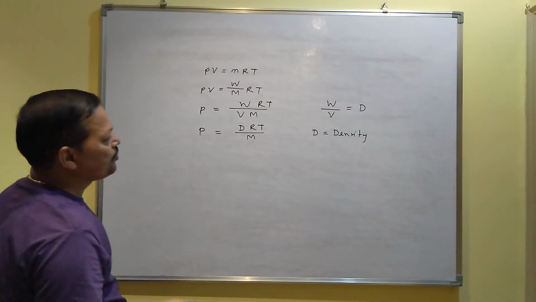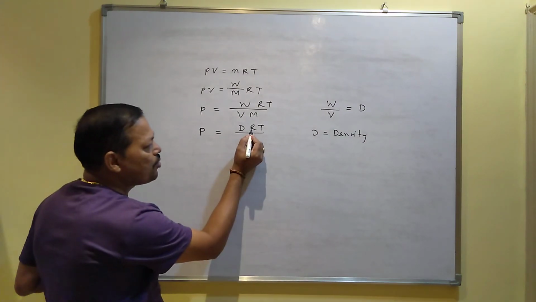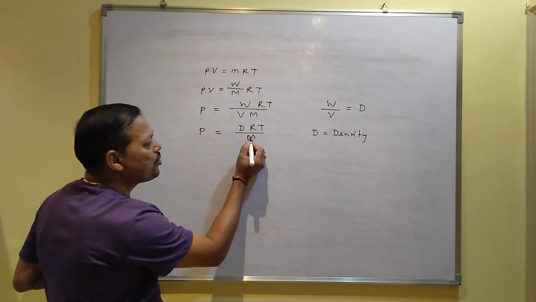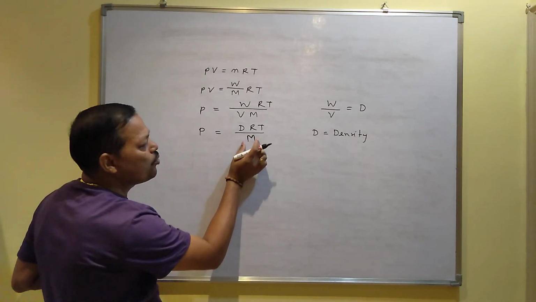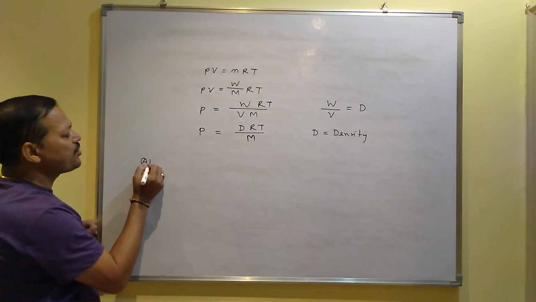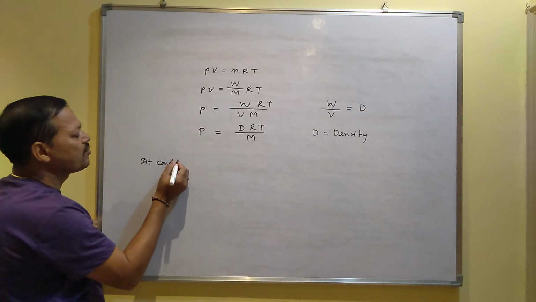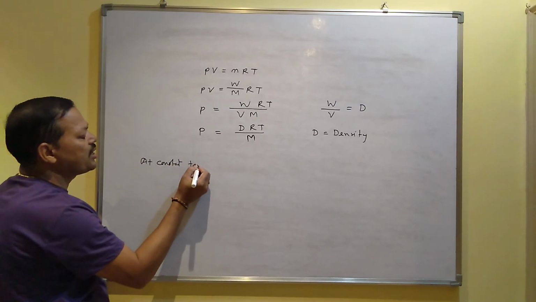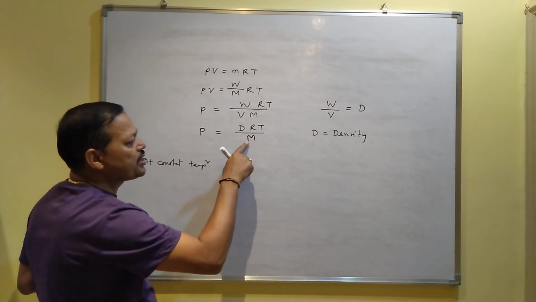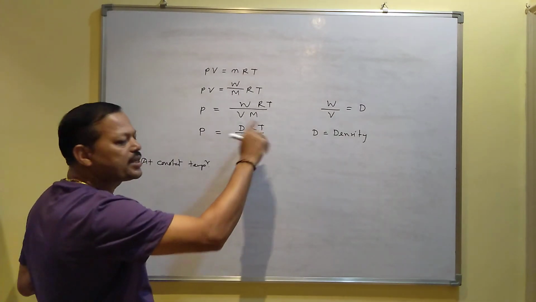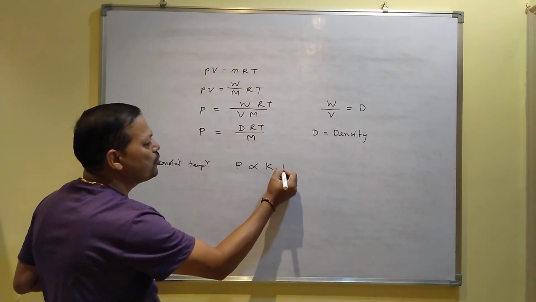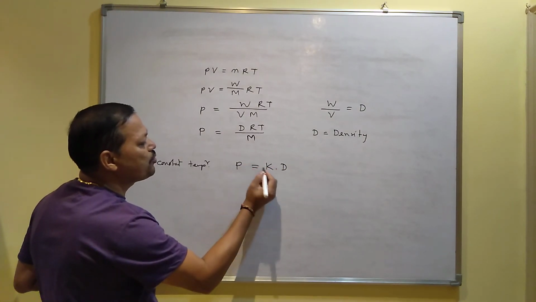Now you know R is constant, which is called universal gas constant. M means molar mass. For a gas, molar mass is always constant. So at constant temperature, since R is constant, M is constant for a gas, and temperature is also constant, you can write P is equal to K into d.